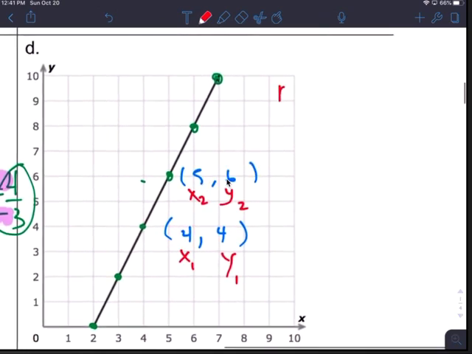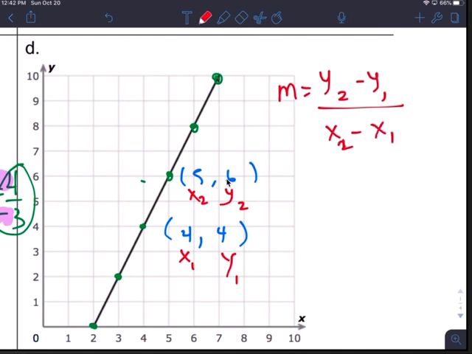Okay, so your formula is y sub 2 minus y sub 1 over x sub 2 minus x sub 1. You need to write this for every problem, otherwise you can get it half wrong. Okay, y sub 2 is 6 there.